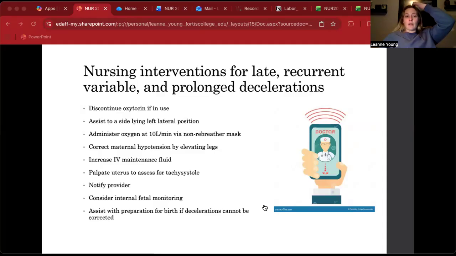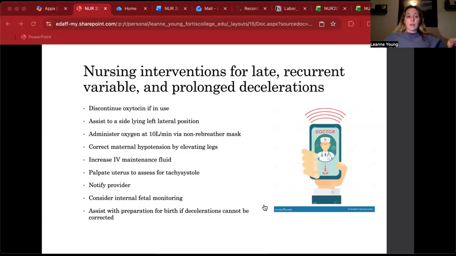Administer oxygen at 10 liters per minute via non-rebreather. Correct maternal hypotension by elevating legs, doing all those interventions I talked about when we were putting in an epidural. Give her a fluid bolus. We're going to feel her belly to make sure that she is having a resting tone. If her belly is continuously firm, that could be a sign that she's abrupting, and that would be even a bigger emergency.